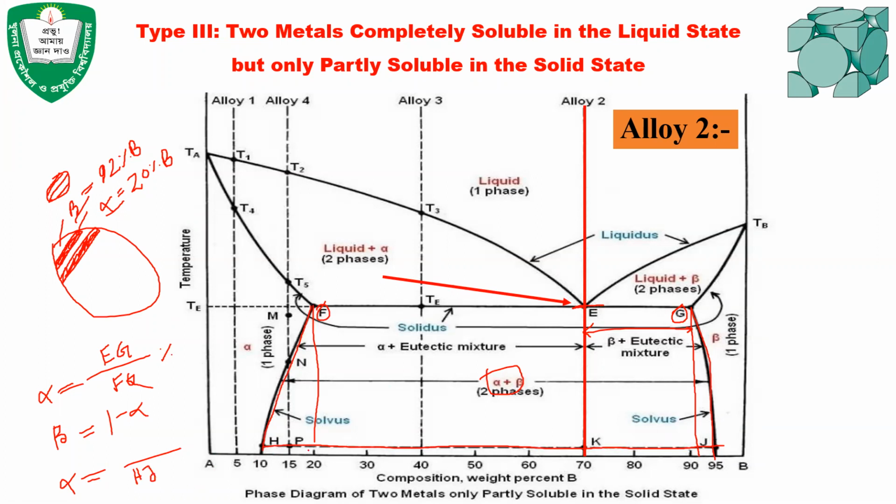The total length of the tie line is HJ. And to find out the percentage of alpha, we have to consider length K to J. So from K to J, this will give us the percentage of alpha at room temperature. Okay. Yes, sir. All right.